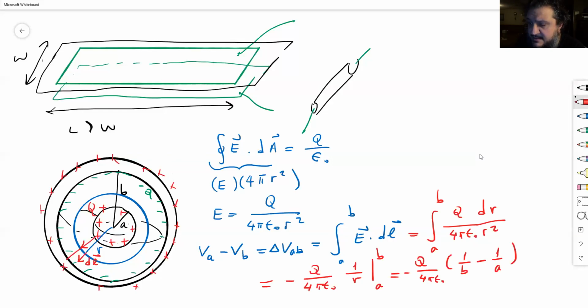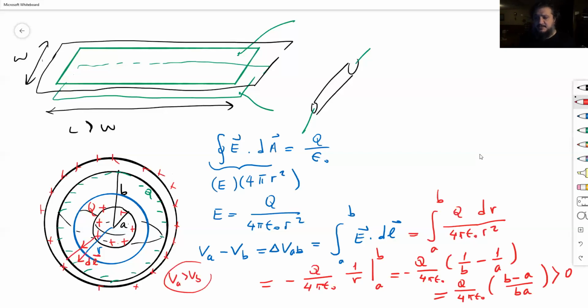This is my delta V. You may write it as Q over 4 pi epsilon 0 times (B minus A) divided by BA. Okay, I got rid of the negative in the front. So that is the potential difference, which is positive, as I expected, because VA is greater than VB. Good, that's the potential difference.